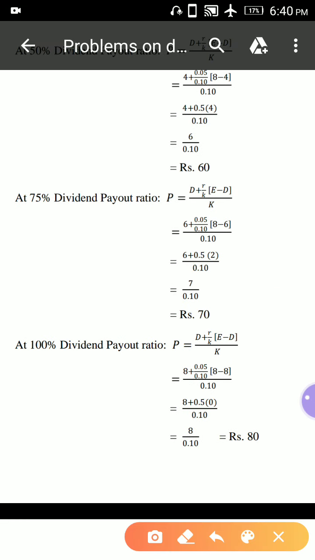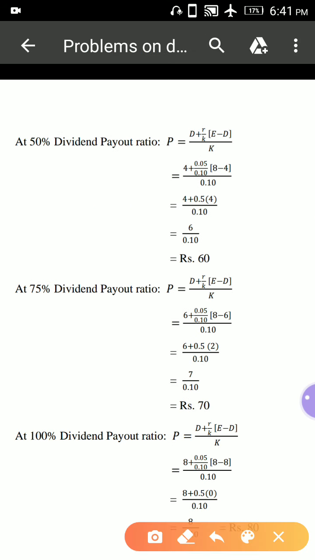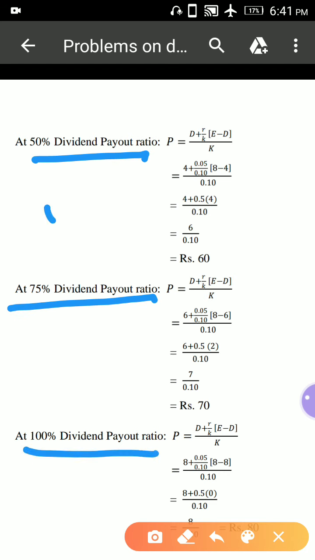Now similar calculation will be made at 50% dividend payout ratio, and this is 75% and this is 100%. Here 4 rupees, 6 rupees and 8 rupees are the dividends. At 50%, it is 4 plus 0.05 divided by 0.10, into 8 minus 4, divided by 0.10.